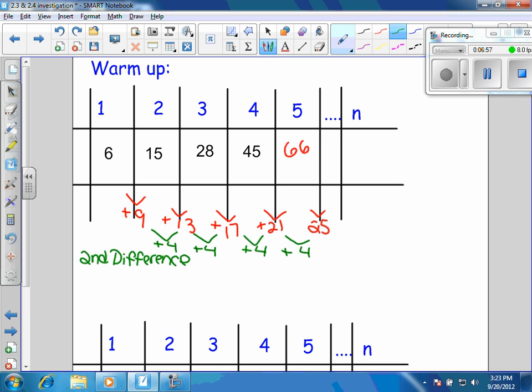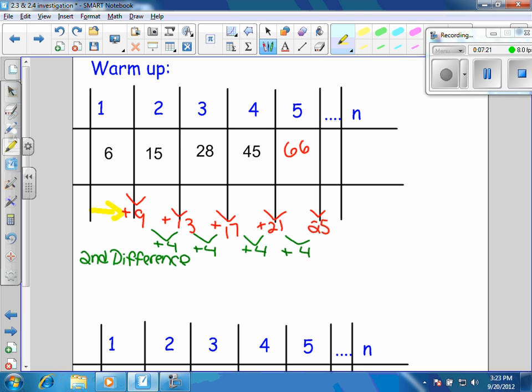So when the first difference is common, it's linear. It's an order 1 polynomial. When the second difference is common, it's called a quadratic because your exponent is squared. So what you do is you take every problem like this and you look to see if you have a common first difference. If you have a common first difference, you do what you did the night before. You make a line equation.